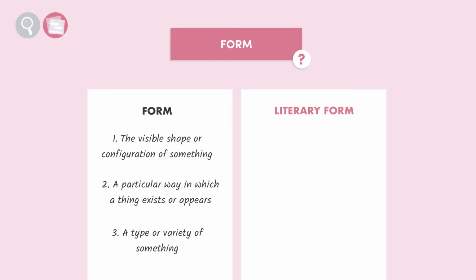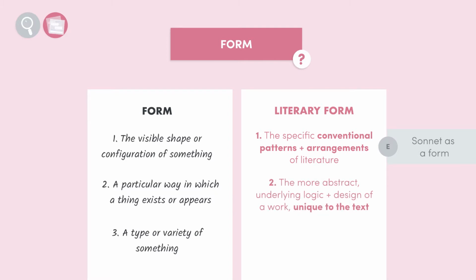One idea, a bit like the first definition, is that literary form is the really specific, conventional patterns and arrangements of literature, in the way that the sonnet is a form. Another idea, a bit like the second definition, is that literary form is the more abstract underlying logic and unifying design of a work, which is unique to each text, like a text's blueprints.